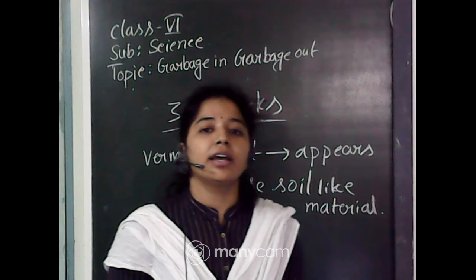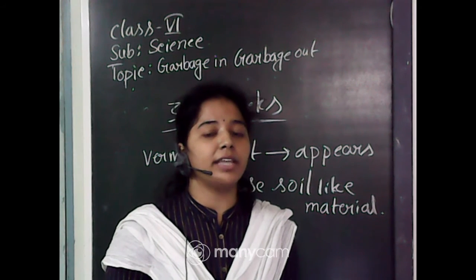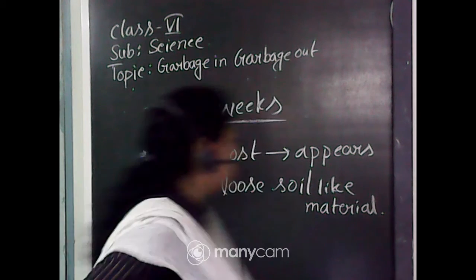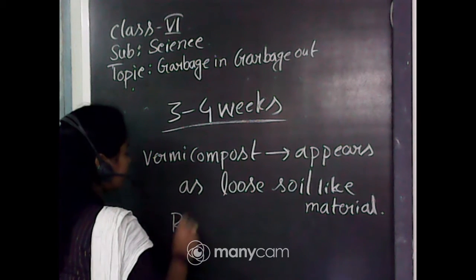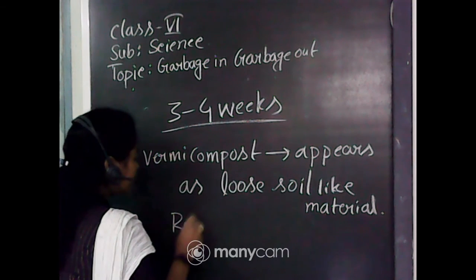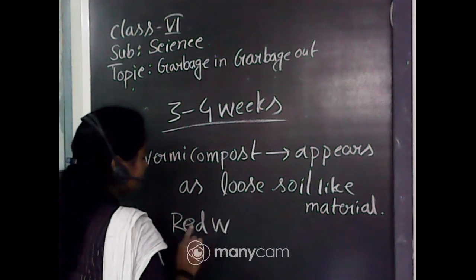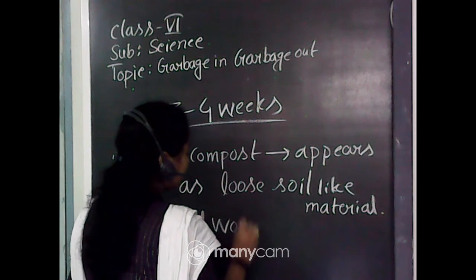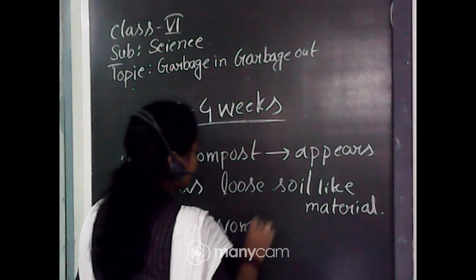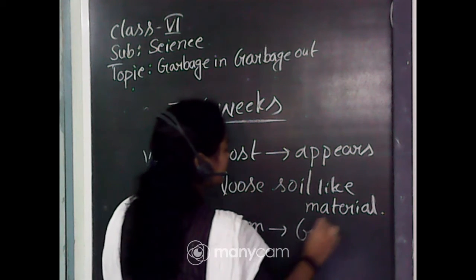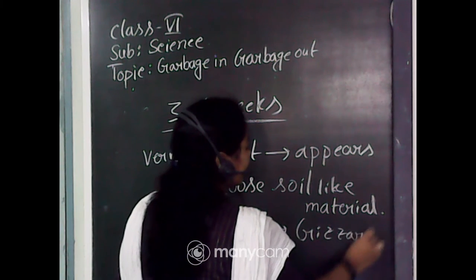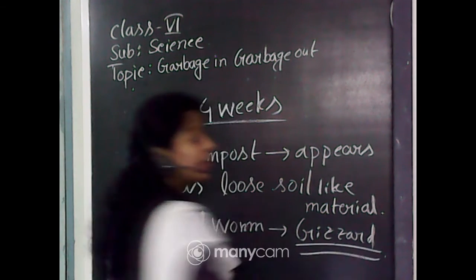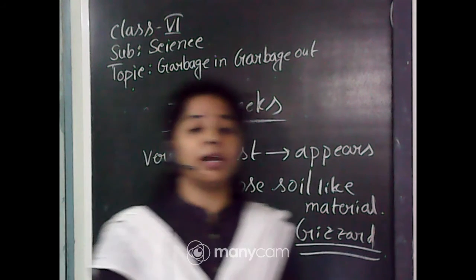Actually they do not have teeth, but they have a structure called gizzard. So red worms possess a gizzard that helps in grinding of the food particles.